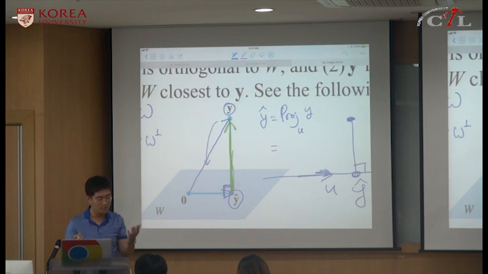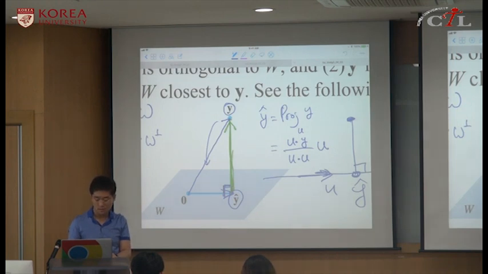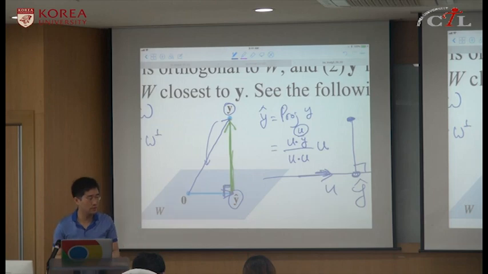I'm just rewriting the equation that we derived: it is u dot y over u dot u, times u, right? And that was the case where our subspace was spanned by a single vector, but what if our subspace is spanned by two or more vectors?